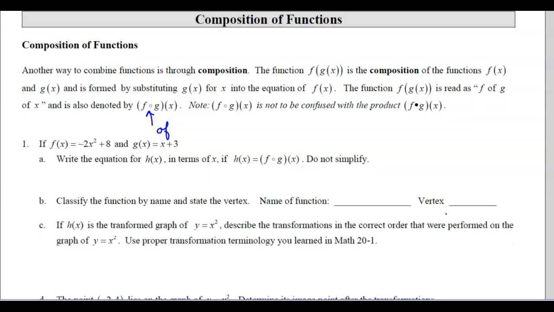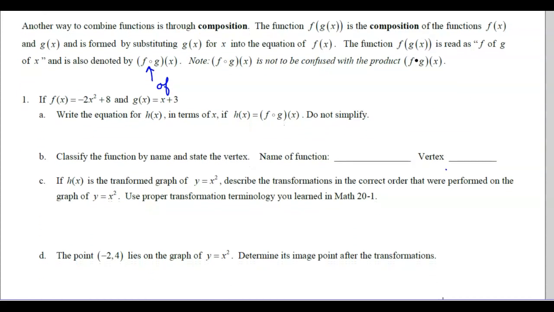All right, so let's do some work with composition. So we've got f of x and g of x. It says write the equation for h of x in terms of x. Okay, so do not simplify. So this is saying, okay, h of x is f of g of x.